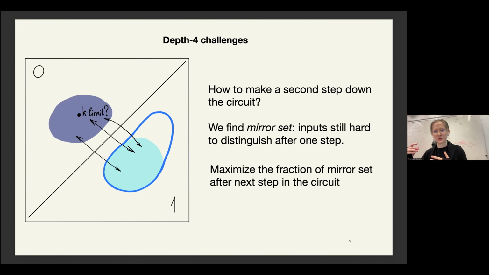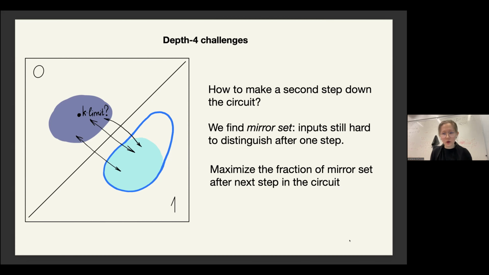When it goes from one layer to the next one, we need to cover by subcircuits the chunk of inputs that we have on one side. So it's a covering problem under some conditions.